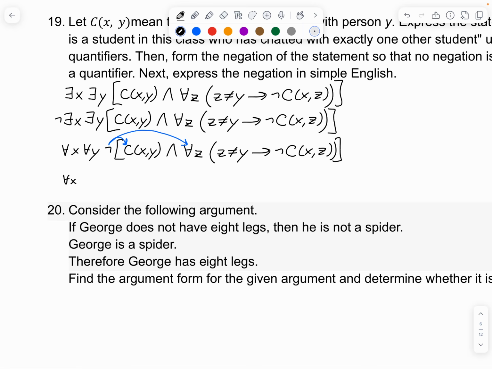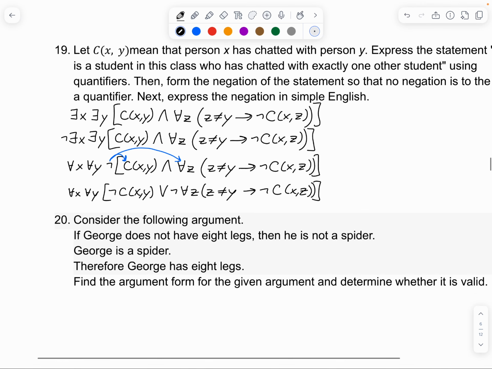So I'm going to have for any x and for any y, this is just a simple negation, and then this becomes this. Okay, I think that is it.